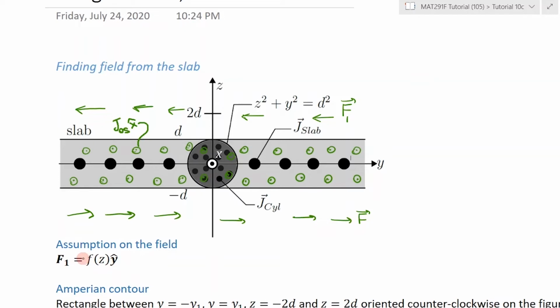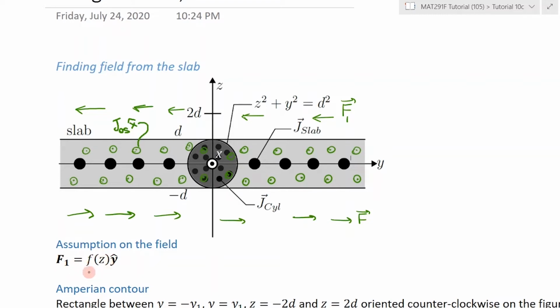And also, the y component only depends on the z coordinate because when you walk in the y direction, you see the same picture, and the same thing happens when you walk in the x direction, so this would be into the page or out of the page. But when you change the height, the picture changes, so the y component of the field changes as well.